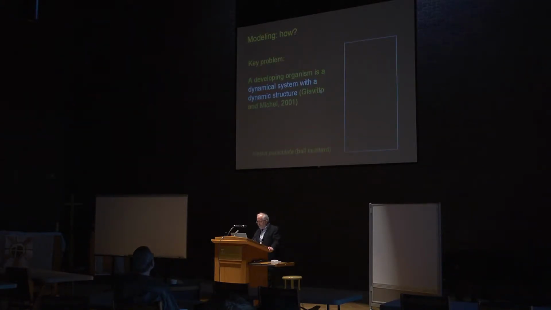Okay, so we know that we need models, and now the question is why? This simulation of development of ball mustard is illustrating why we need models. You have seen what is the difficulty from a mathematical point of view.